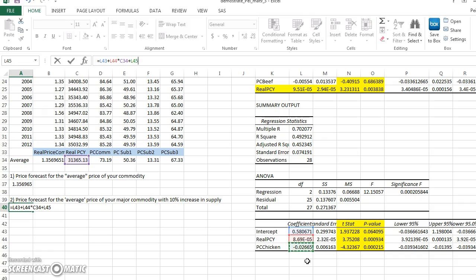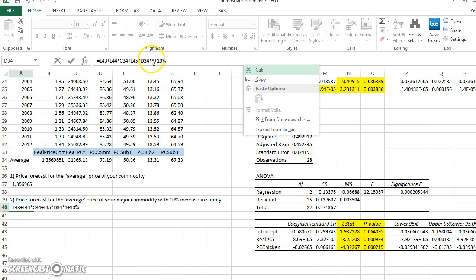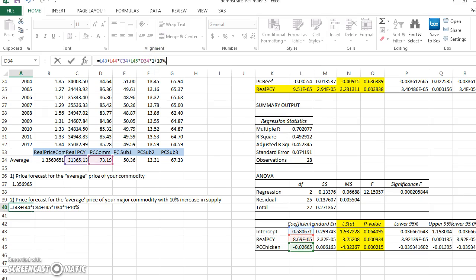We're going to go to the coefficient of the per capita consumption of chicken variable times our average per capita consumption of chicken times 1 plus, because we have a 10% increase, 1 plus 10%. Don't forget to put the 1 plus 10% in your parentheses. Put these two items in your parentheses.